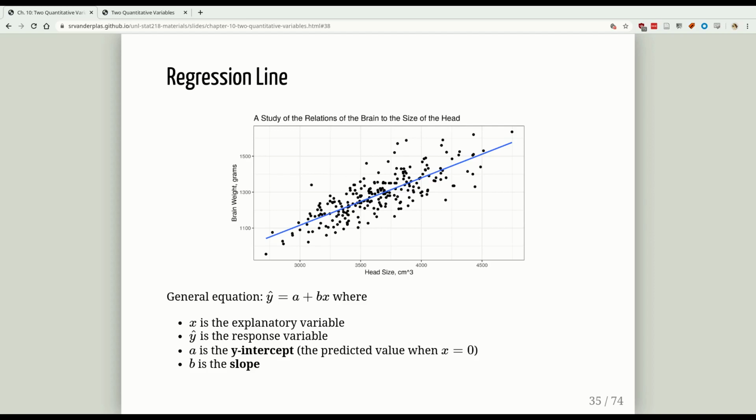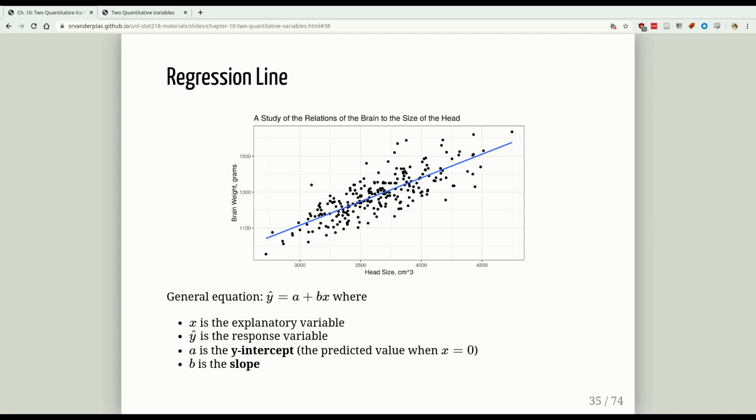Okay? The equation of a line, this is even outside of statistics, has the form y equals ax plus b. When we start talking about data, though, we want to indicate that we are predicting a value, right?